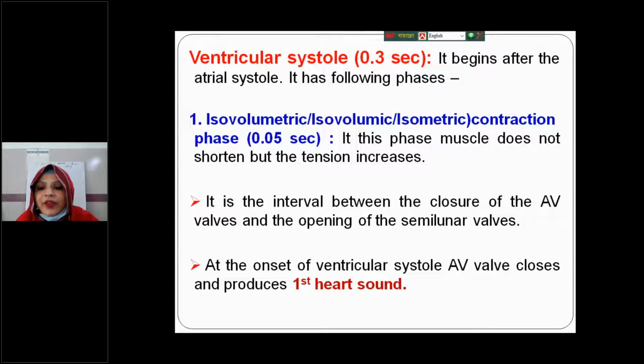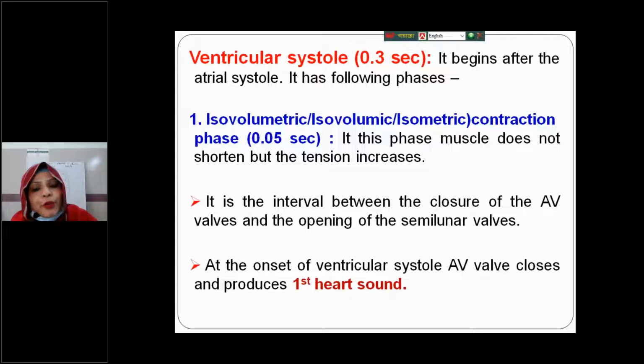Atrial systole causes 20% ventricular filling, and atrial diastole causes 80% ventricular filling. Now isovolumetric contraction, that is ventricular systole, starts. During ventricular systole, you must close the AV valve. Otherwise, contraction is not possible.